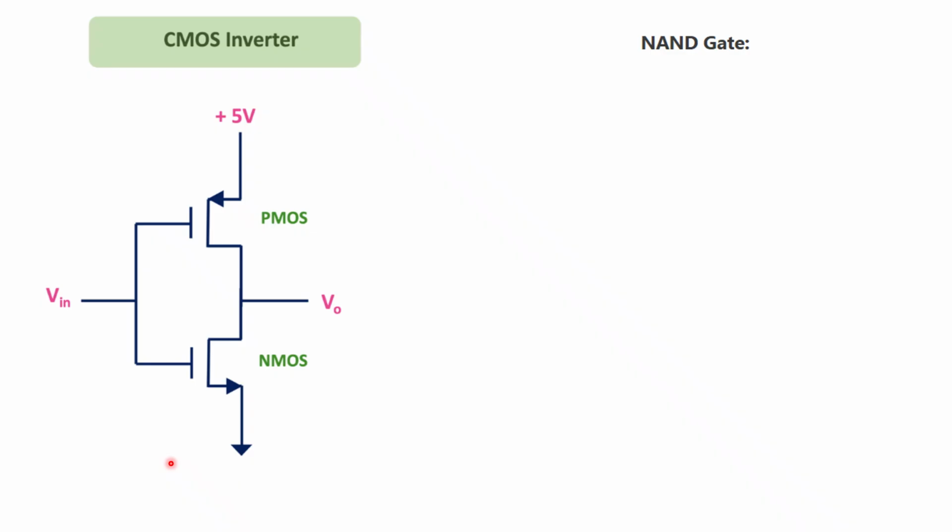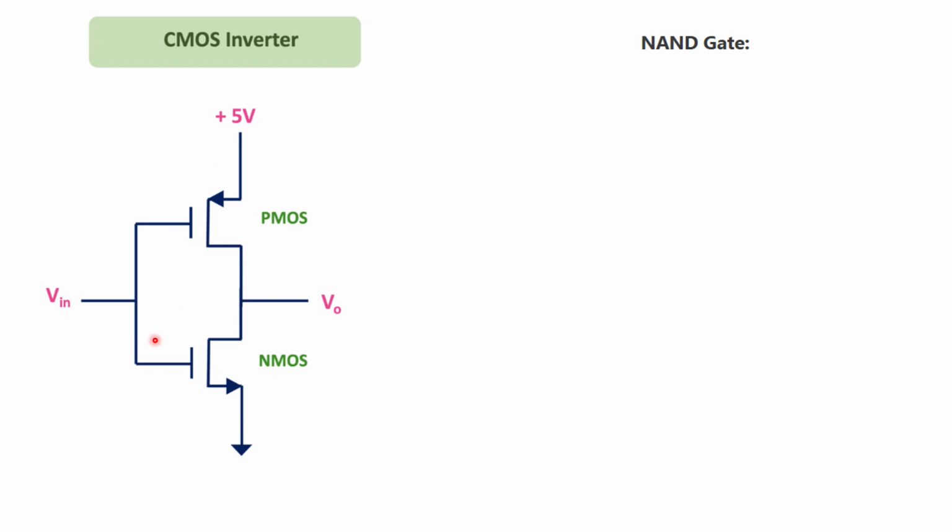Okay, so how can we design? You can see PMOS can be turned on if you supply V in equal to 1, and V in equal to 0. In that case you can turn on and turn off using this V in.